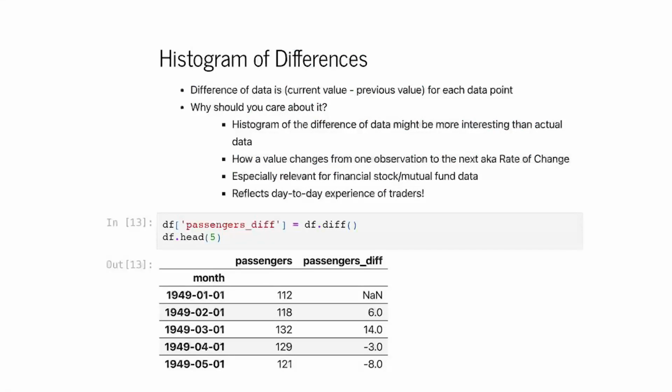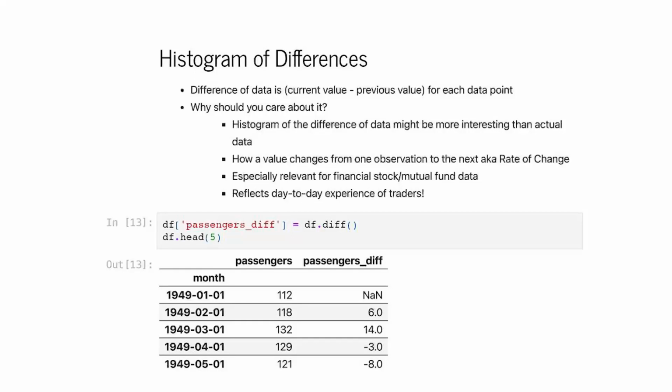Sometimes we are not interested in the specific value of the data set, but we are more interested in whether the data increased or decreased compared to the last time step. This is called differenced data. And when you plot differences in a histogram, we get what is called a histogram of differences.